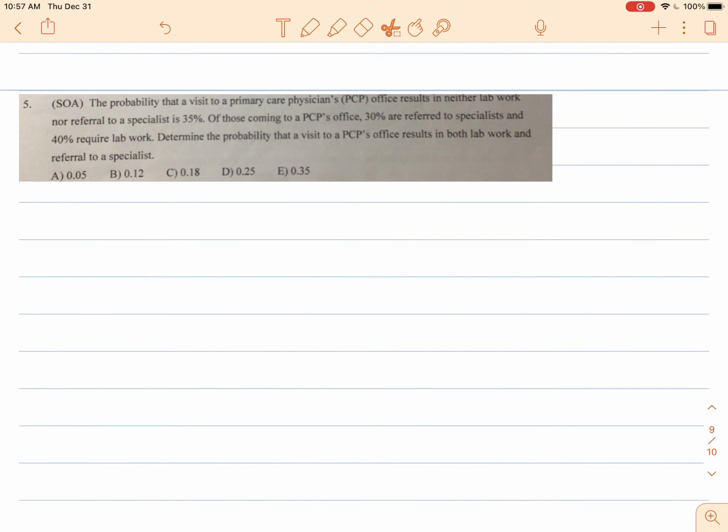Okay. So let's go ahead and set up our variables here, okay? So we have lab work. Let's call it L. So the probability of lab work is 40%, okay? And those being referred to specialists, let's call that R for referred to specialists, is 30%.